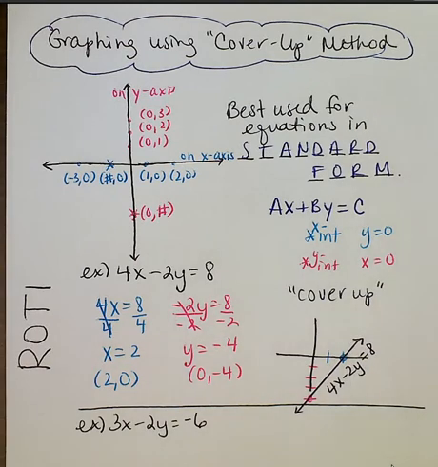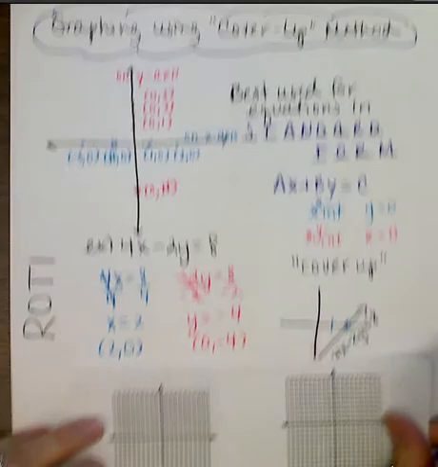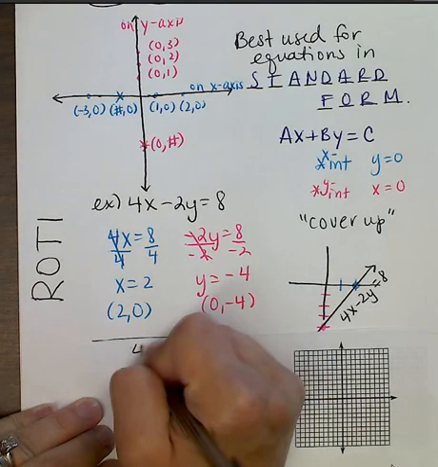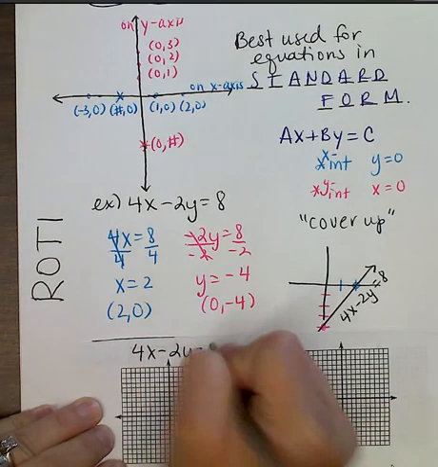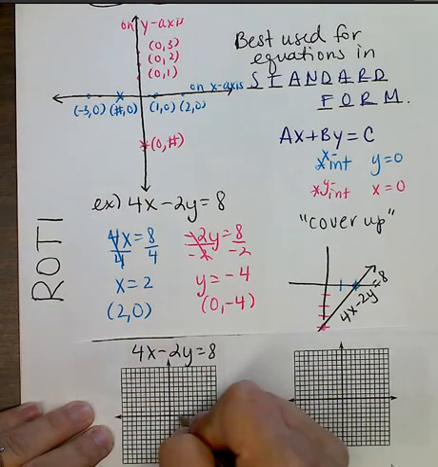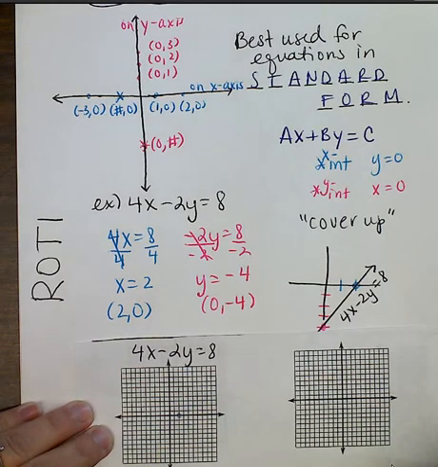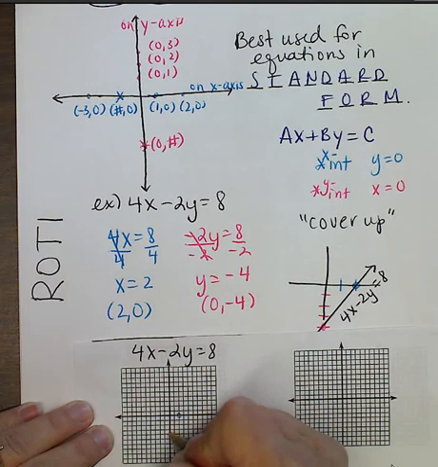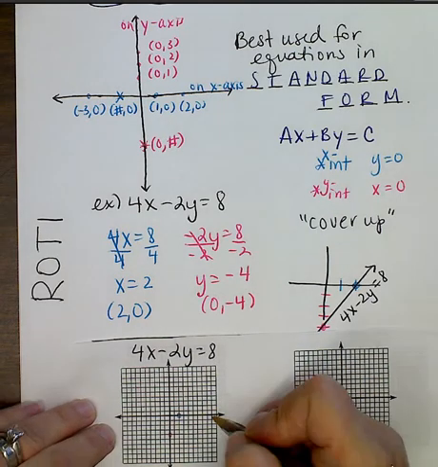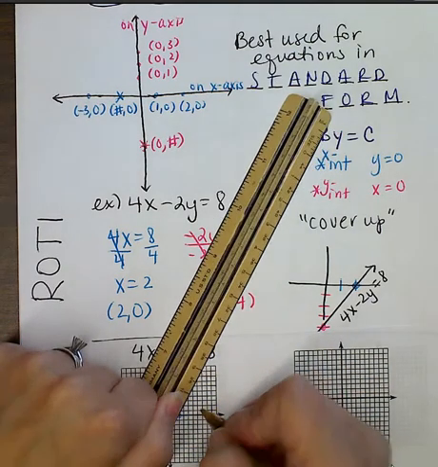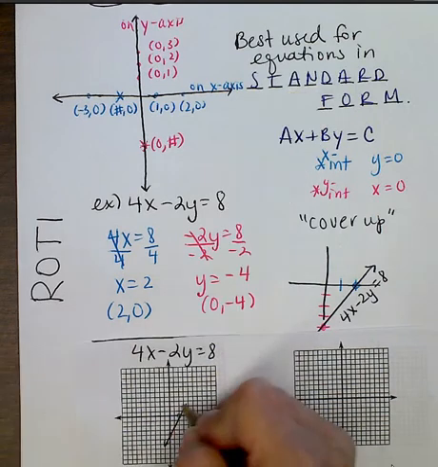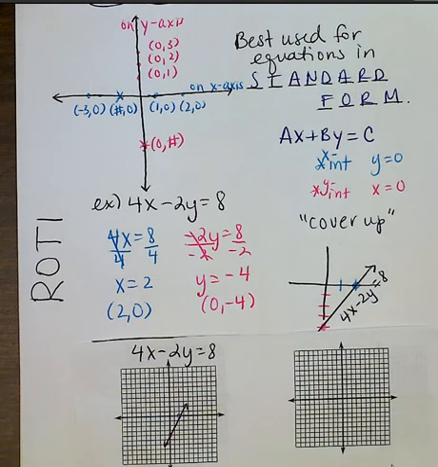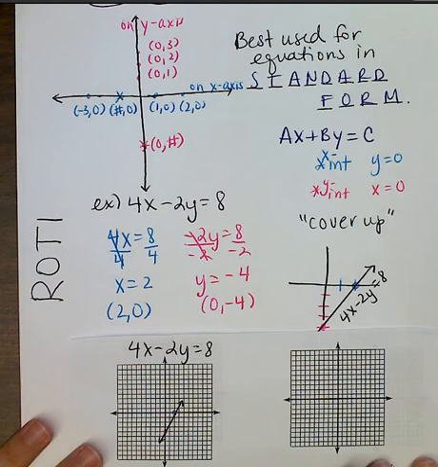Or we can put it on some graph paper. So if I graph 4x minus 2y equals 8, I would get the x-intercept at 2, 0, and the y-intercept at 0, negative 4. And again, same thing. Based on how good your ruler is, how good your graph is, how thick your pen is, more or less you'll get a good representation of that equation.